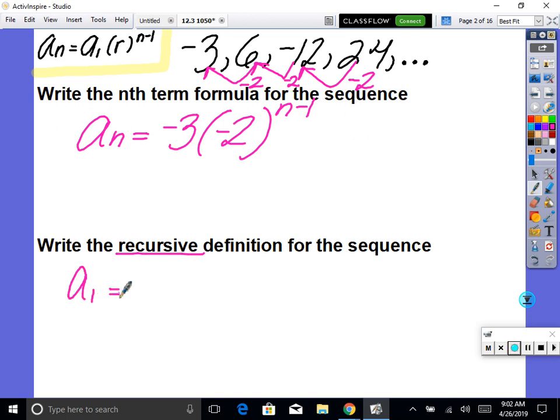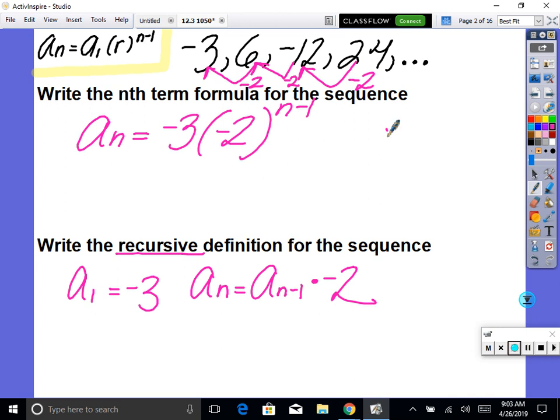A sub 1 is negative 3. So you say starting with negative 3, any term in the sequence will be equal to a sub n minus 1, the previous term, and then what do you do to it? Times by negative 2. So how do we get negative 12? We take the previous term times negative 2, don't we? You say take the previous term and multiply it by negative 2. It's that simple to write. It's literally just what do you see happening? Does that make sense? Okay, moving on.